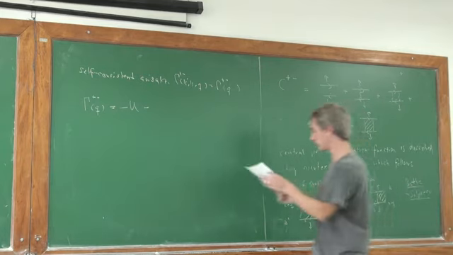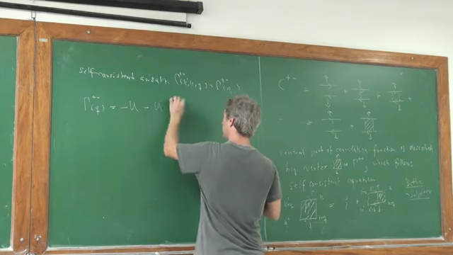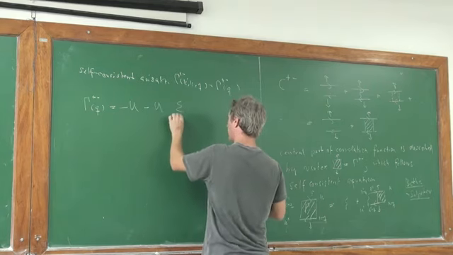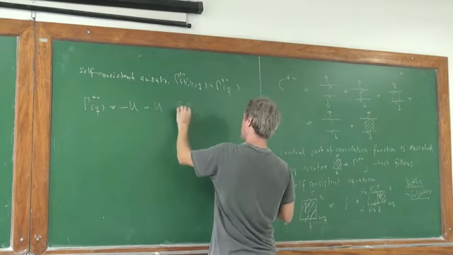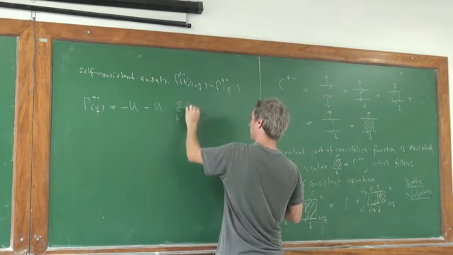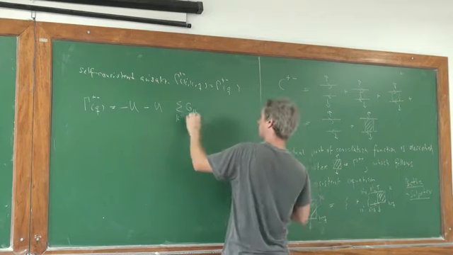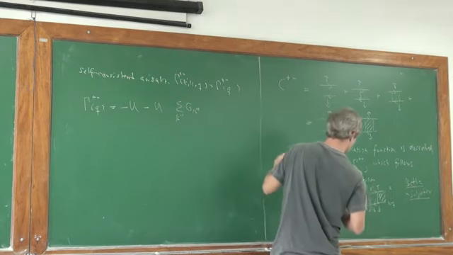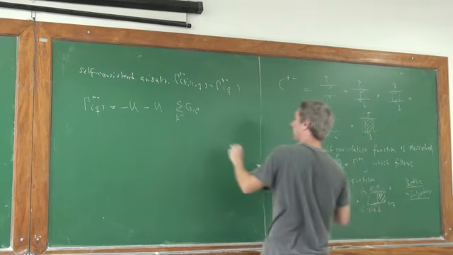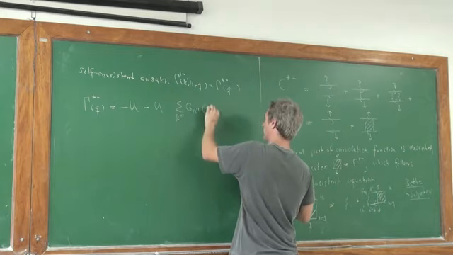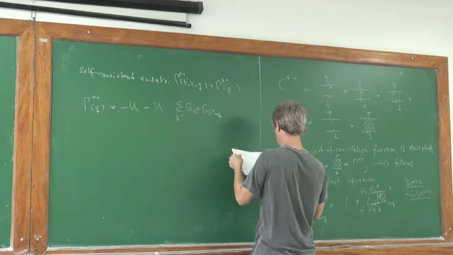So structurally this is given by u, then the sum over k double prime of g, k double prime, k double prime plus q.